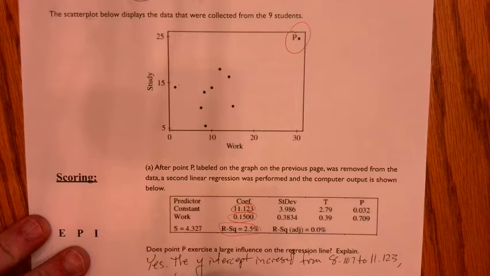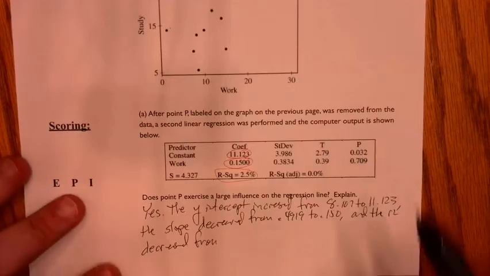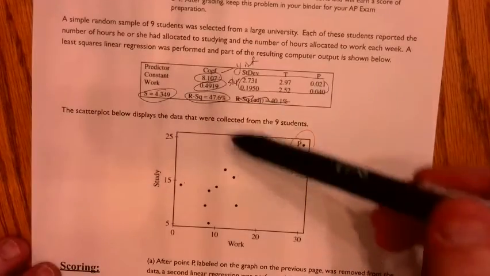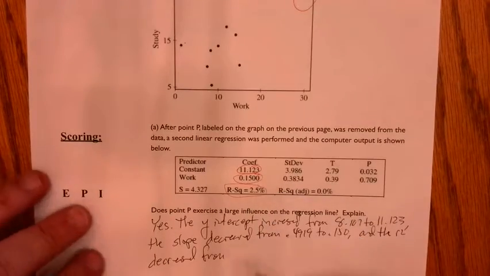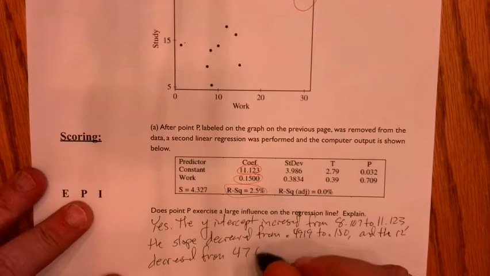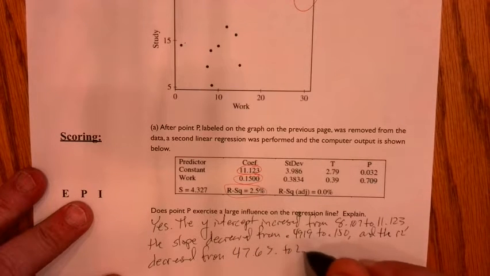The slope decreased from 0.4919 to 0.150, and the R squared decreased from 47.6% to 2.5%.